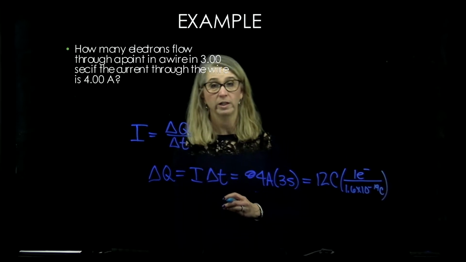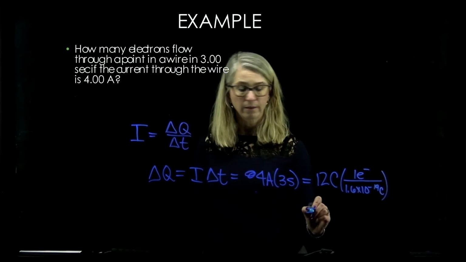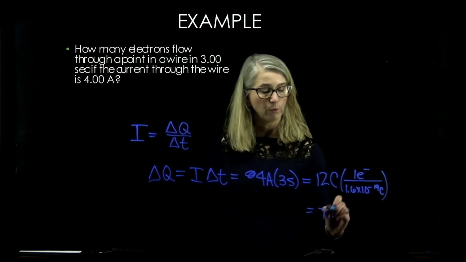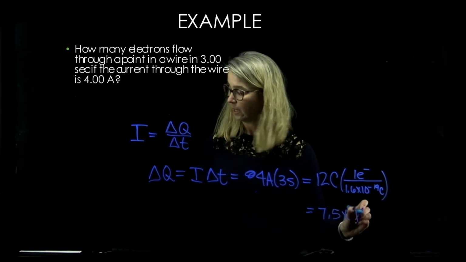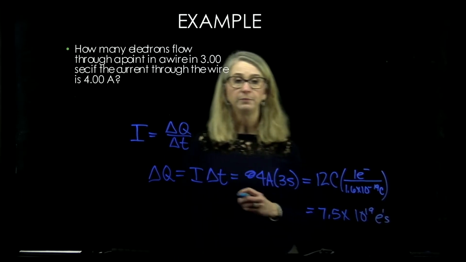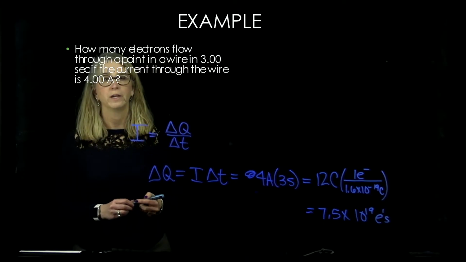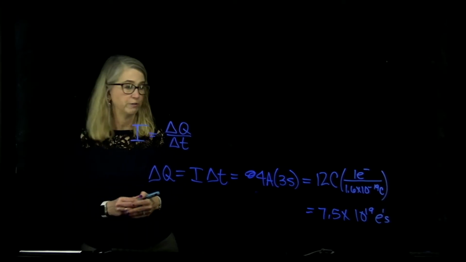So you can see we're going to get a lot of electrons. If we do our math, the number is going to turn out to be 7.5 times 10 to the 19 electrons. So that's just a really simple example of how we might interpret this definition of current.